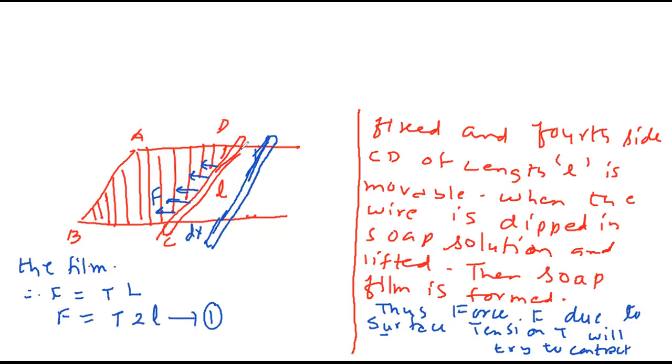Then there will be an increase in area of the film from top as well as bottom against this force, and the work done against the force will become energy stored. This is trying to contract inward, but I am pulling it to a new position. To pull this, I have done work, which gets stored on the surface, and it is called surface energy.